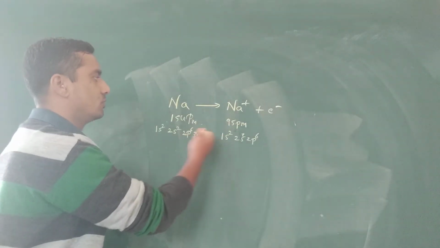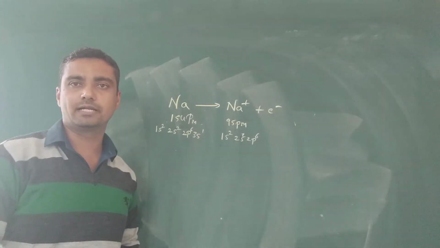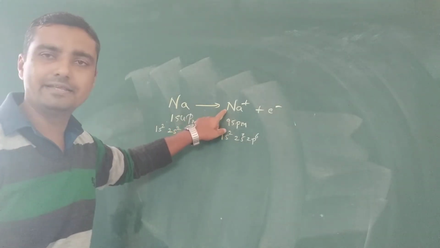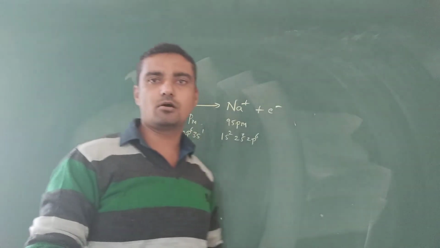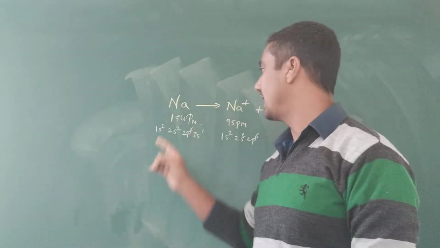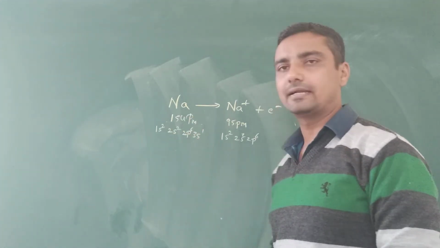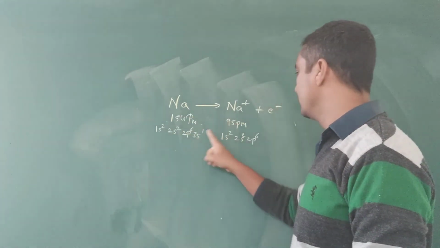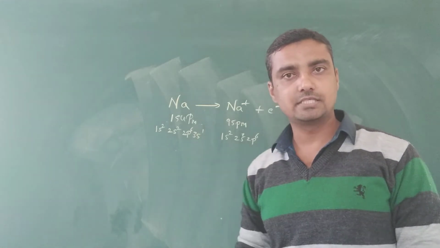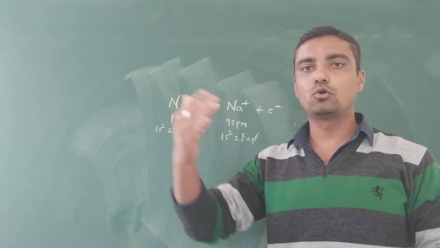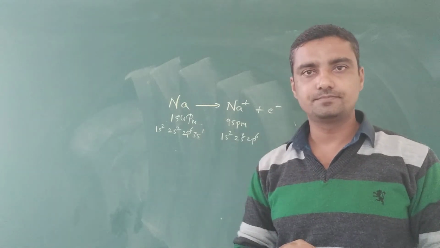So the size decreases as compared to the neutral atom. Remember that the size of a cation is less than that of the neutral atom, because after removing one electron from the neutral atom, the force of attraction between the nucleus and the outermost shell of electrons increases.